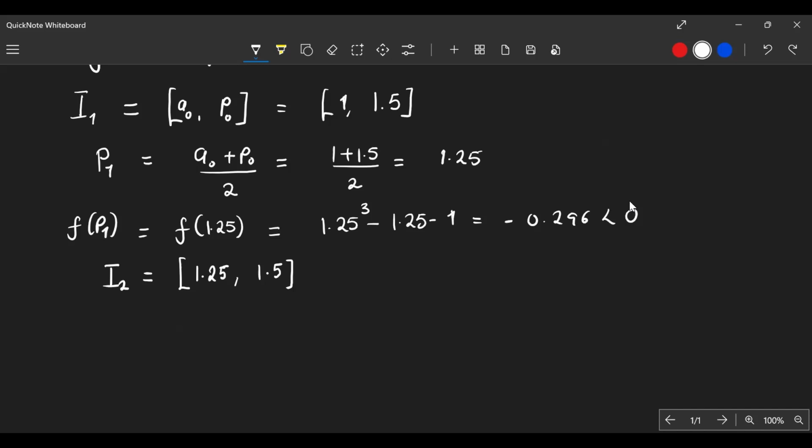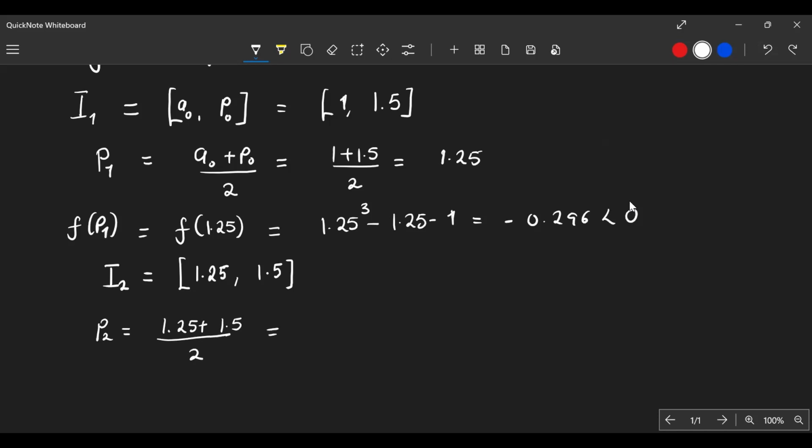Which is I2. So from this we can also find P2. So P2 will be equal to 1.25 plus 1.5 divided by 2, right?